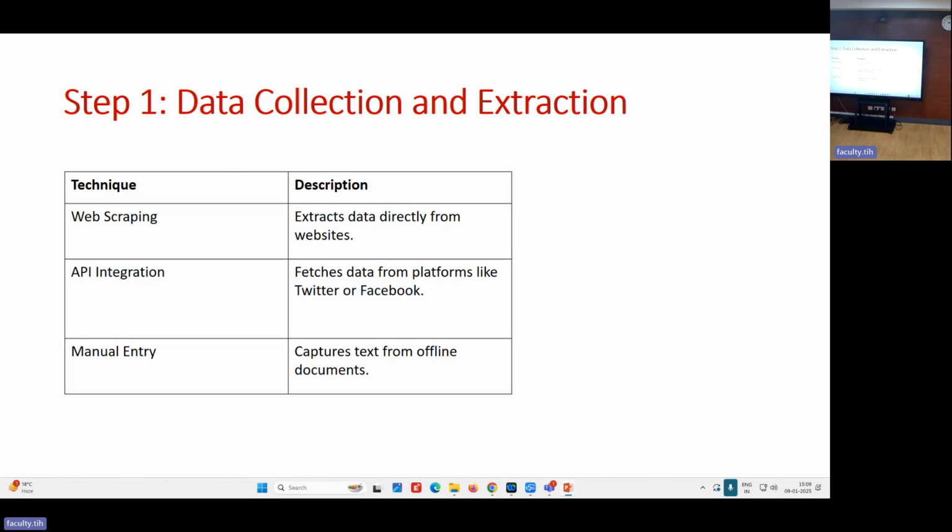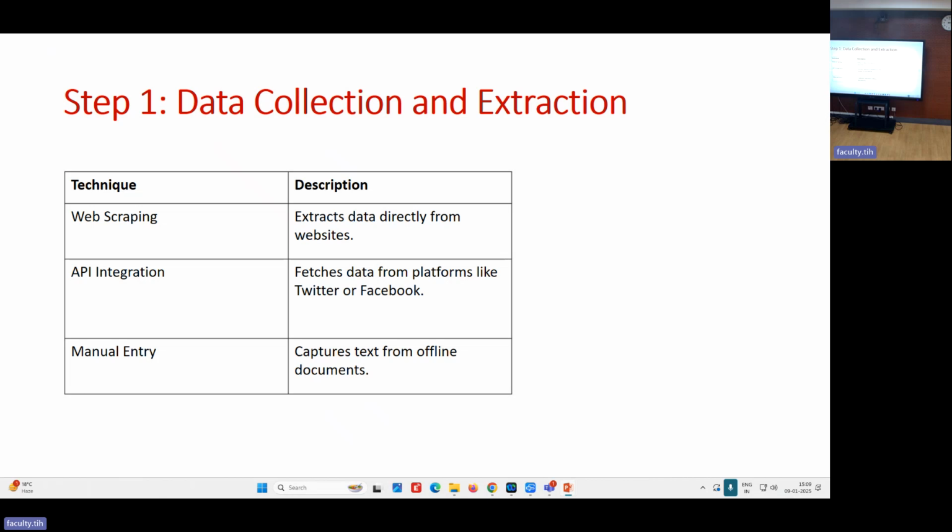What is the advantage of web scraping? Suppose you would like to extract data for a particular product, in which you want to know the price of that product in various websites or various sources. In that case, you can do the comparison easily from various sources at a time. You can extract the data for that particular product. So this is the advantage of web scraping.